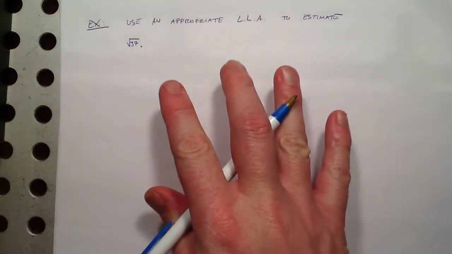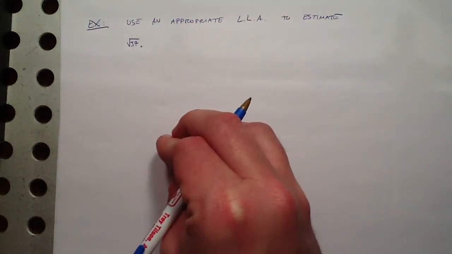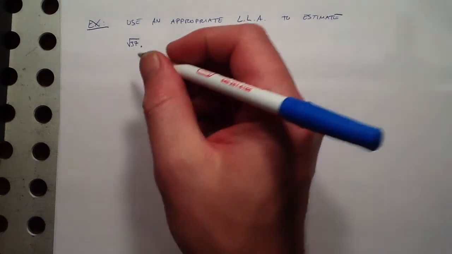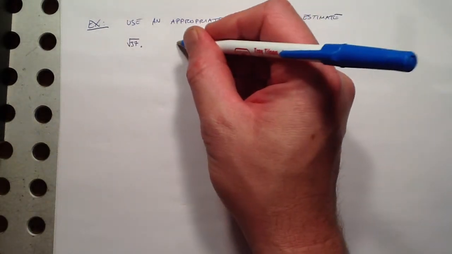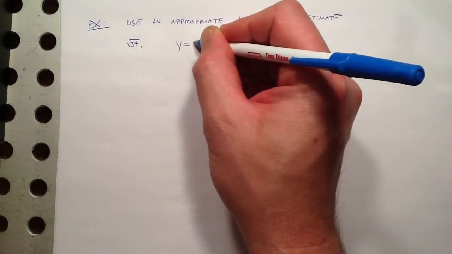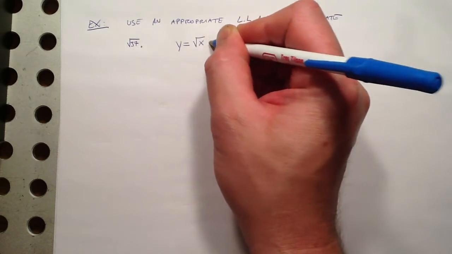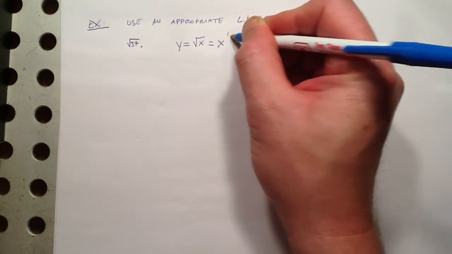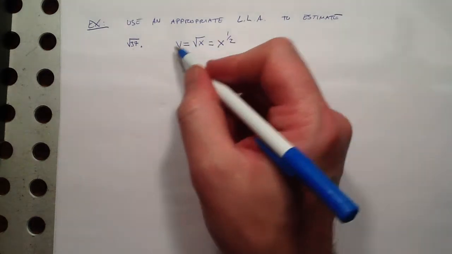So what we have to do here is try to frame this question in terms of some function and its local linear approximation. Well, we're talking about square roots of things, so we're talking about the square root function. You could write it like that, but better for calculus to write it like that. That's our function.